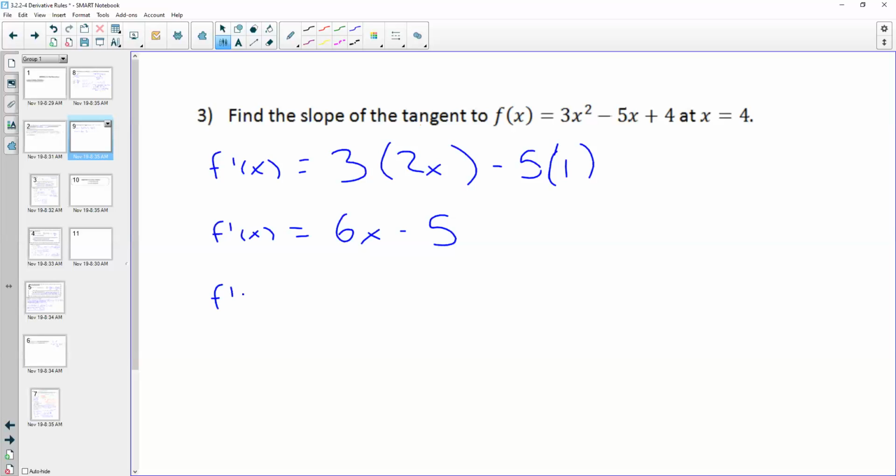So f prime of 4 is equal to 6 times 4 minus 5. So 6 times 4 is 24, minus 5 is equal to 19. So the slope at x is equal to 4 is 19.